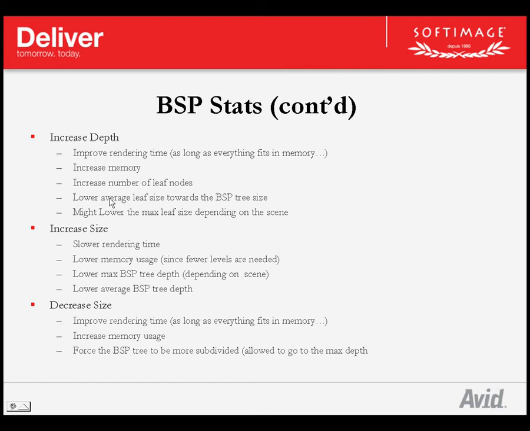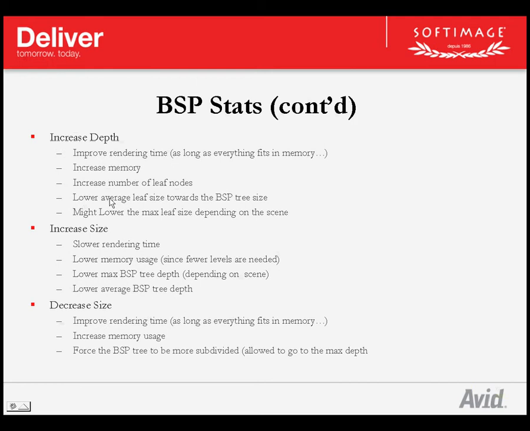Let's say, for example, that if you limit the depth a little bit too much, let's say to 20, it is possible that the max leaf size will contain way too many triangles, and by limiting the depth you're not allowing the BSP tree to split these large leaf nodes.